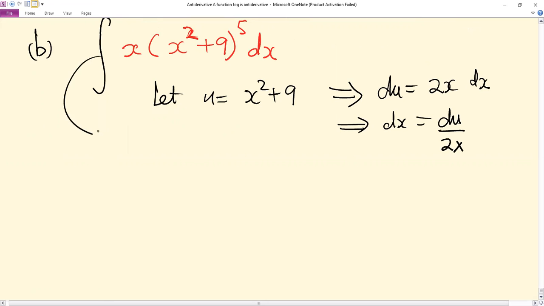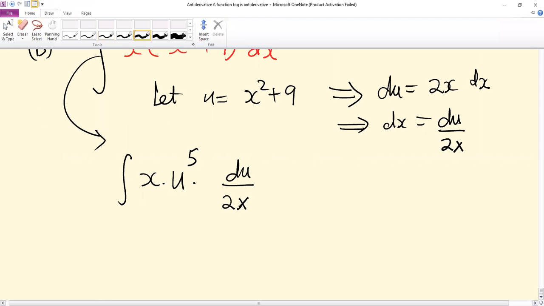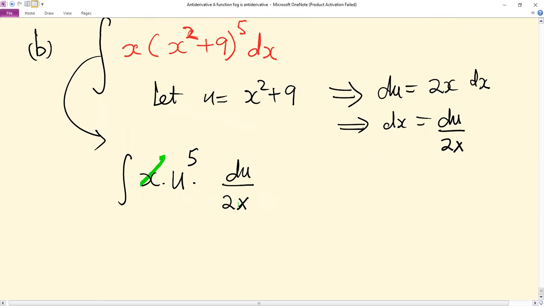So this you write as the integral of x times u power 5, where there is dx, you put du over 2x. And I hope now you can see that this x and x cancel out, so that we'll have the integral of u power 5 du over 2.